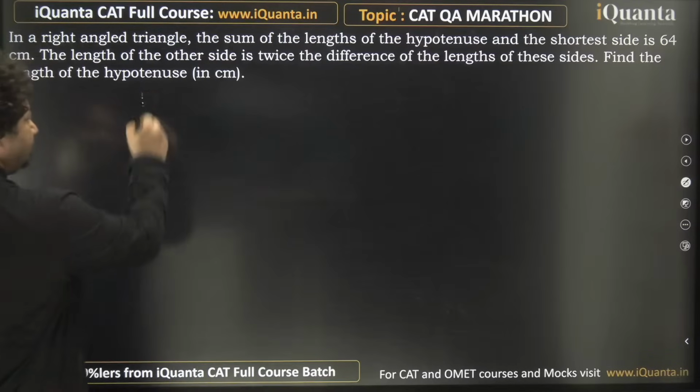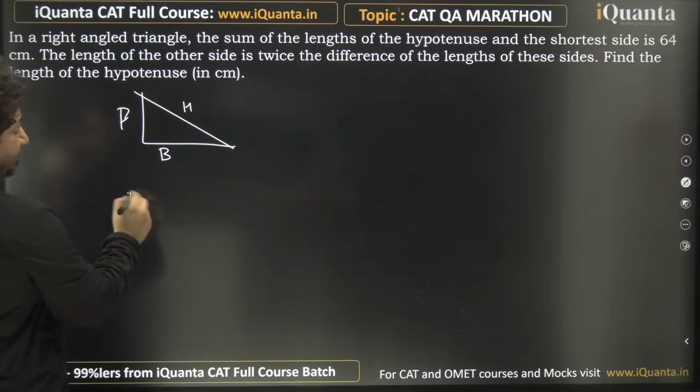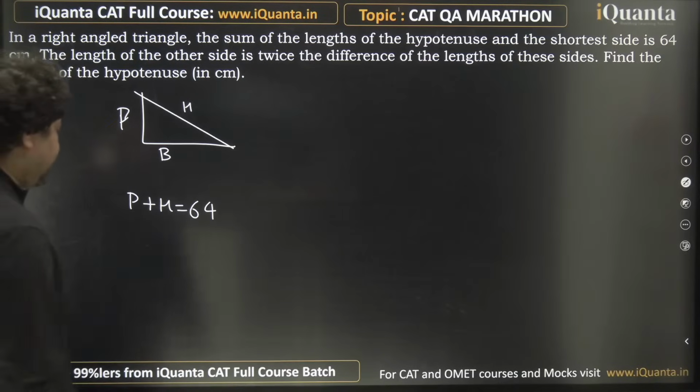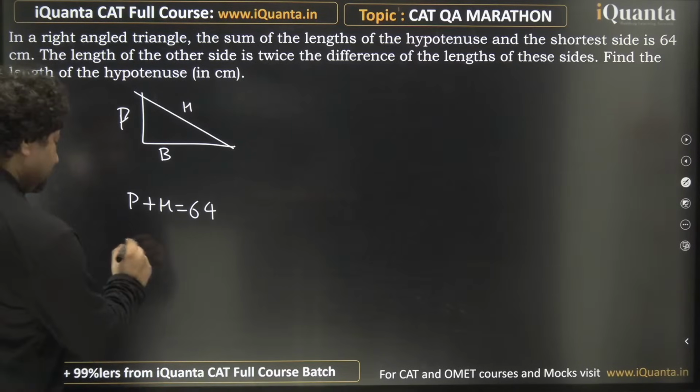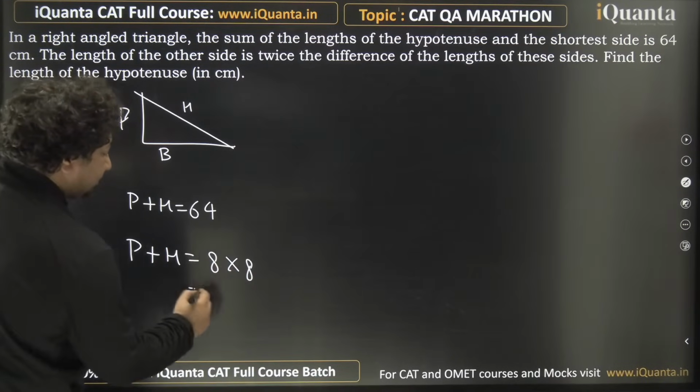Okay, let's do it within a few seconds by observation. Now we know, I'm assuming the perpendicular to be the shortest side. P plus H is given as 64. What I'm doing over here, I'm just assuming that let this be 8 into 8. Why am I assuming that?